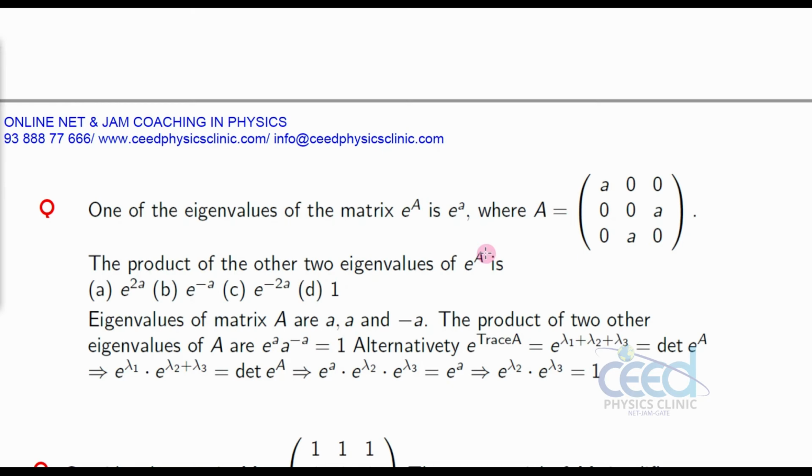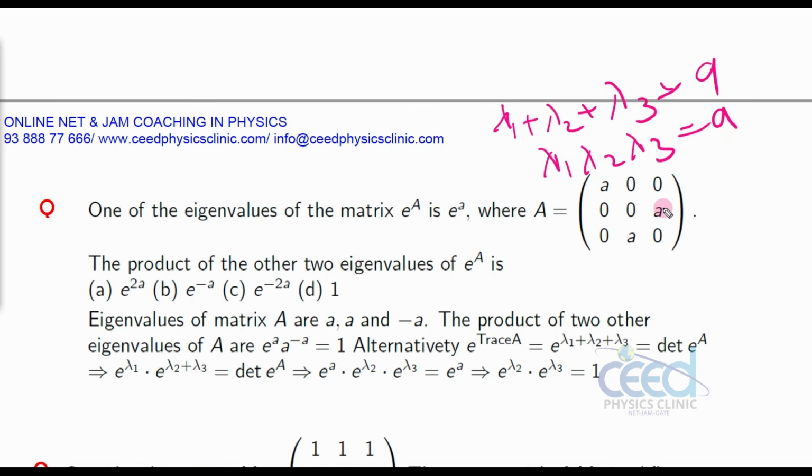From it I can write, the diagonal element sum: lambda 1 plus lambda 2 plus lambda 3 is equal to the sum of the diagonal elements, and lambda 1 lambda 2 lambda 3 is a into minus a square, that is minus a cube. So this is possible only with a, minus a. Then the product is minus a cube, and if you add these you will get a. So these are the eigenvalues.